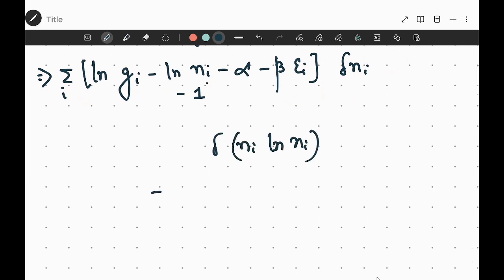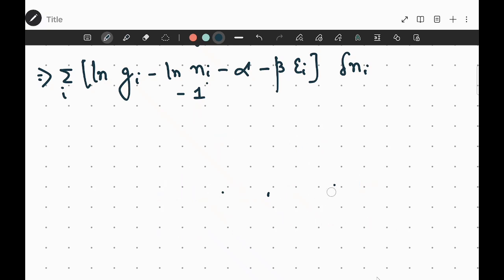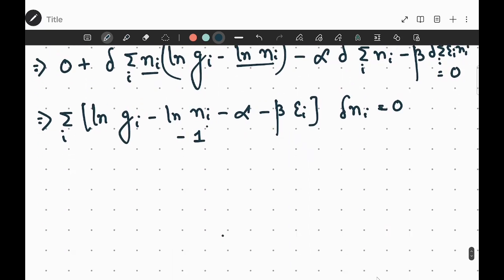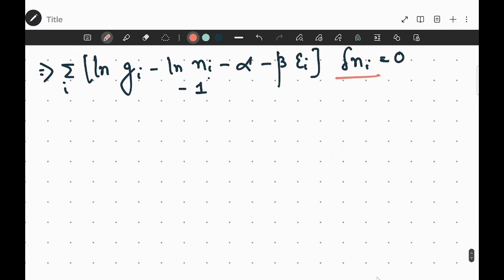You can write it as delta ni into ln ni, this is one term, plus ni delta of ln ni, which is just 1 into dni obviously. So that you have to consider. That's why this minus 1 is there, and the minus is because there is a minus sign. Then it should be 0, and you know this dni can't be 0, so only this part should be 0.